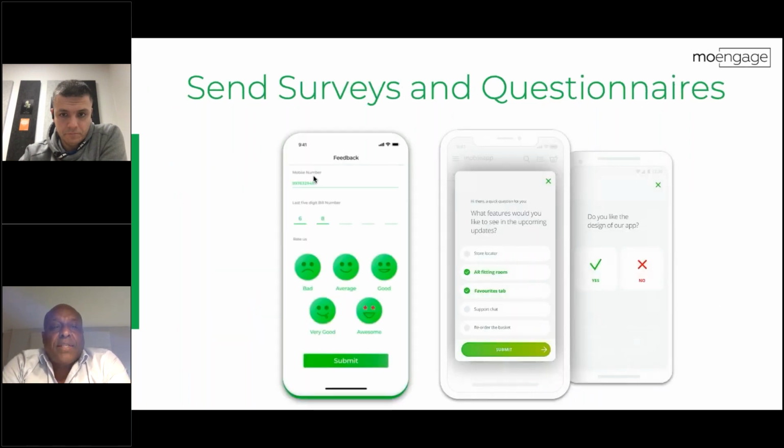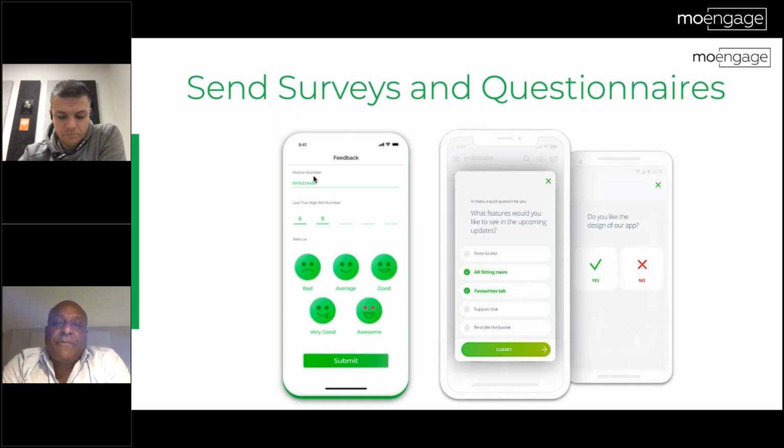Evgeny's covered this in quite some depth in terms of the value of social proof and the value of understanding what your customers think. But just simple things like setting up a campaign that makes it really easy, so you just click the smiley face, or setting up a campaign whereby if they give you 4 stars and above, you just direct them straight to the App Store to actually give you a rating.